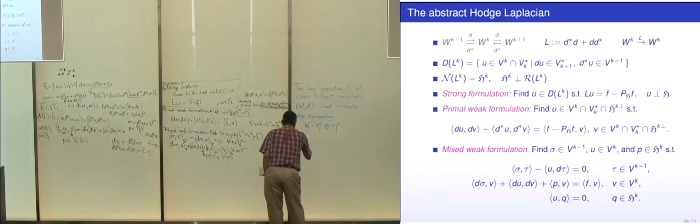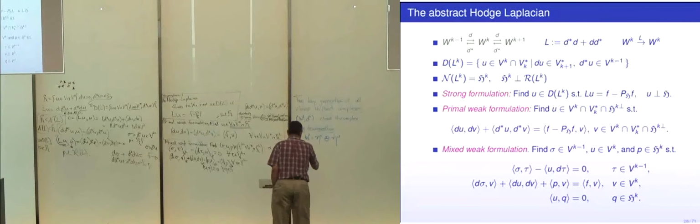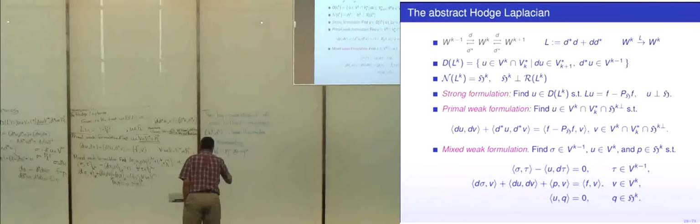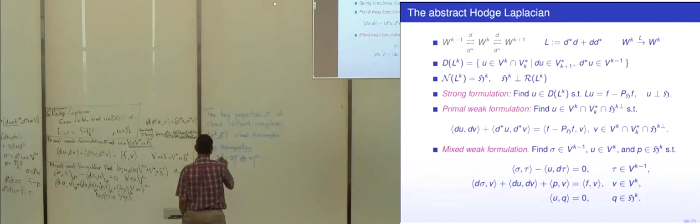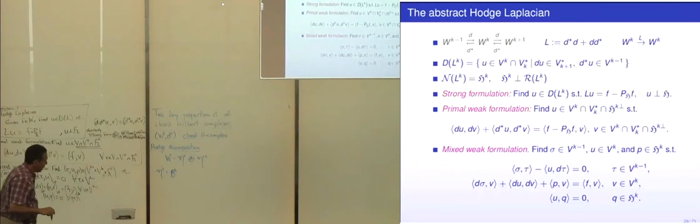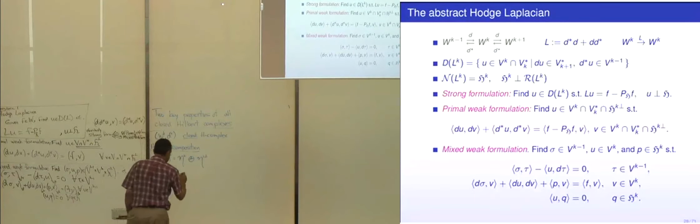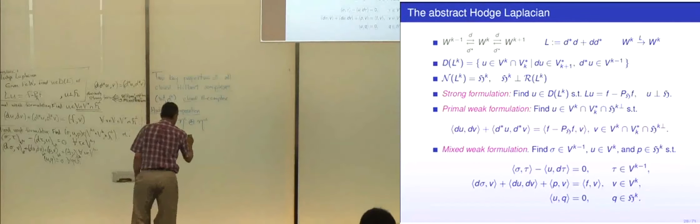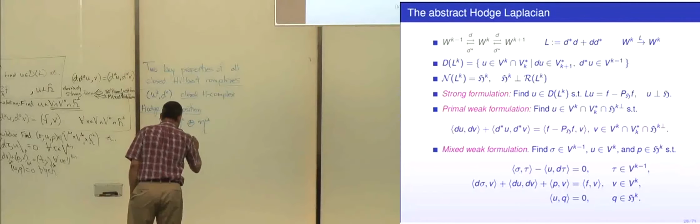But Z has a closed subspace B. Here's where I use the fact that it's a closed Hilbert complex, so the range of the previous one is B. That's a closed subspace, and so Z can be written as that plus the orthogonal complement of B inside Z, and we gave that a name, which is H.